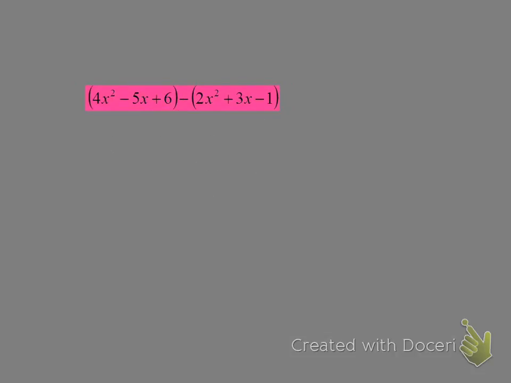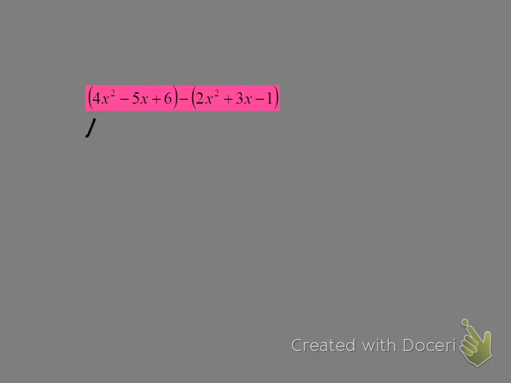Okay, for this one, what do you have to make sure you do first before you do anything else? Well, what's different about this problem than the last one? You're subtracting, which means we have to do what with this guy? Distribute it through. That way we make sure we change these signs.